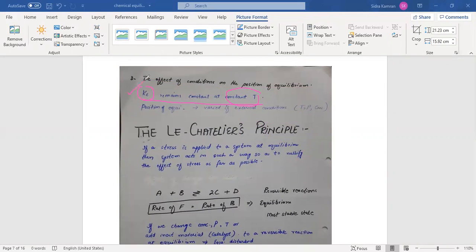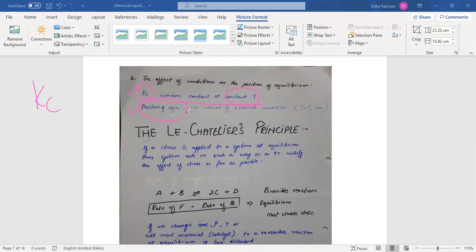So Kc, the equilibrium constant, and the position of the equilibrium, these two things are different from each other. Kc is one thing and the position of the equilibrium is another thing. Position means how much products are formed and how much reactant remains when the equilibrium occurs.